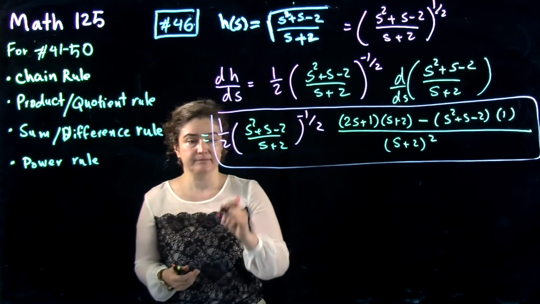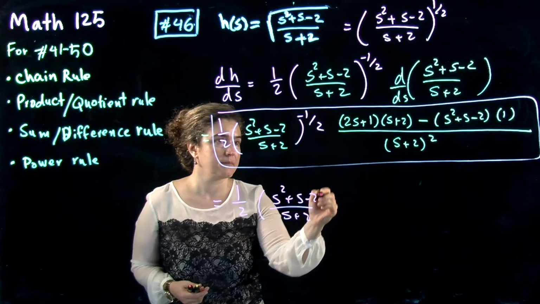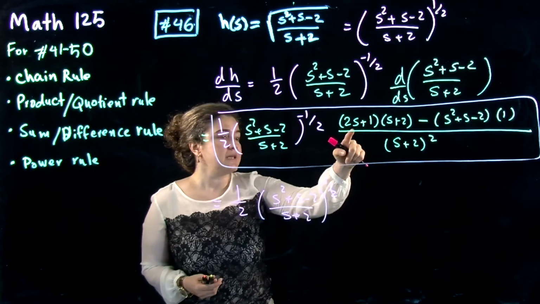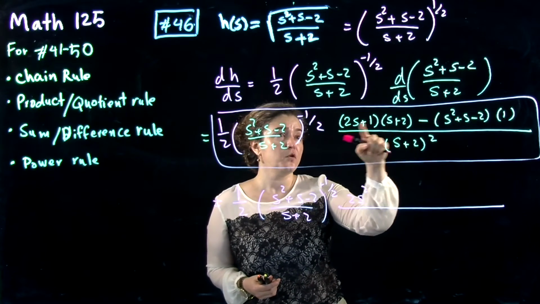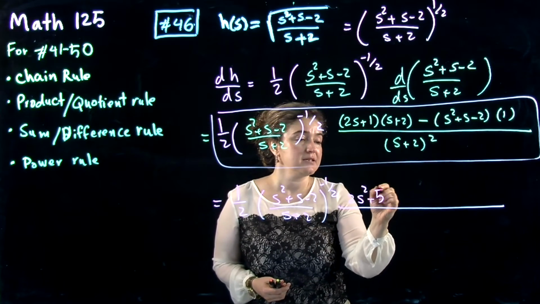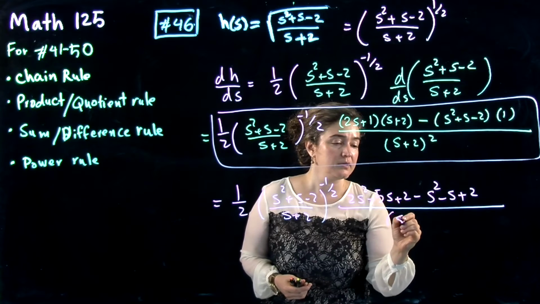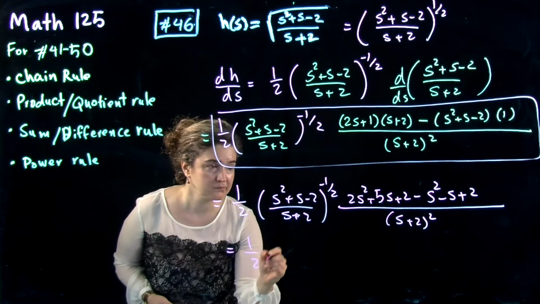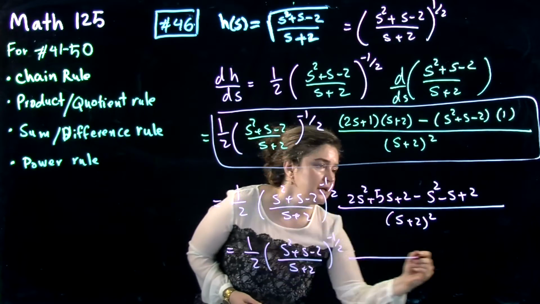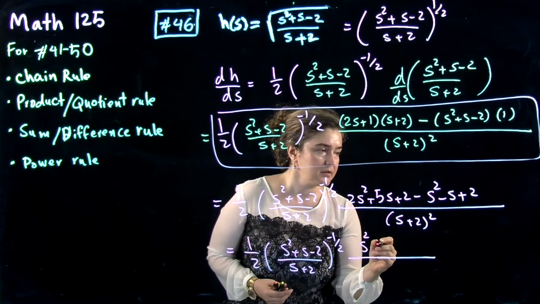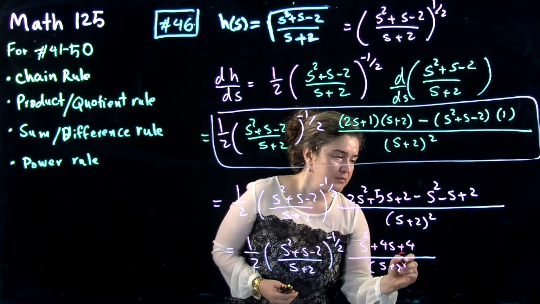So if I simplify this, I get 1/2 and the numerator is 2s times s, 2s squared, 2s times 2, 4s, plus s times 1, 5s, plus 2, minus s squared minus s plus 2, and then simplifying that gives me s squared plus 4s plus 4. Okay.